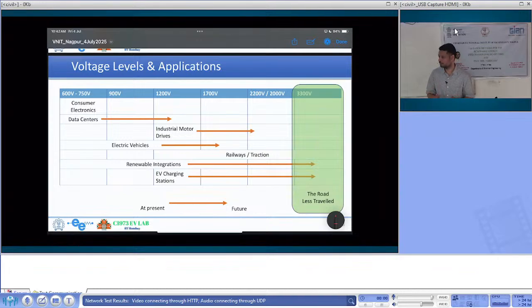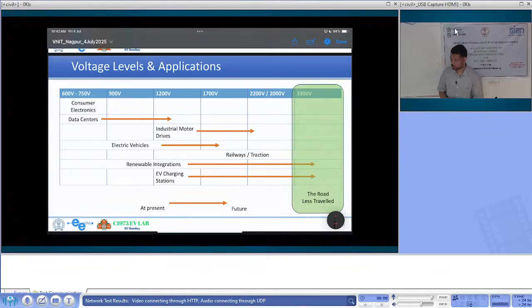Maybe not. It will not go to the medium voltage level inside the vehicle, probably. The third application, industrial motor drives: yes, 3.3 kV industrial motor drives are possible. They are already there. Traction railways already have 3.3 kV voltages, with a motor drive, and there are a lot of other auxiliary converters.